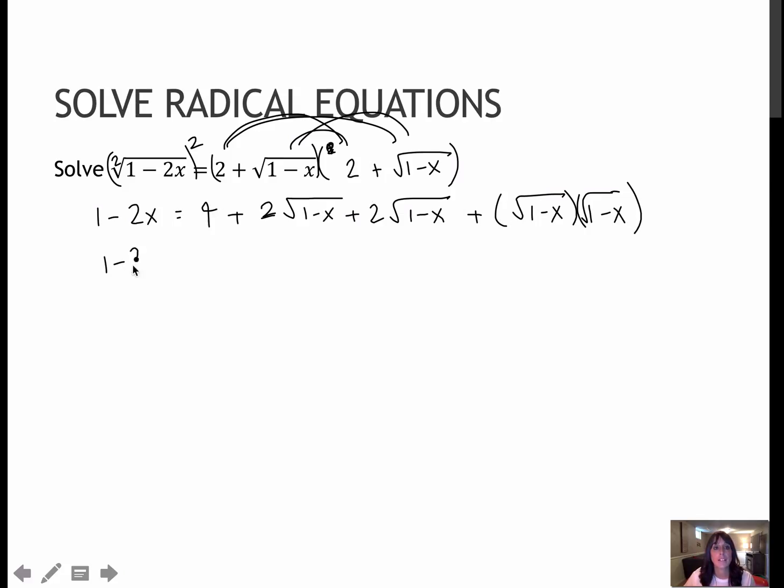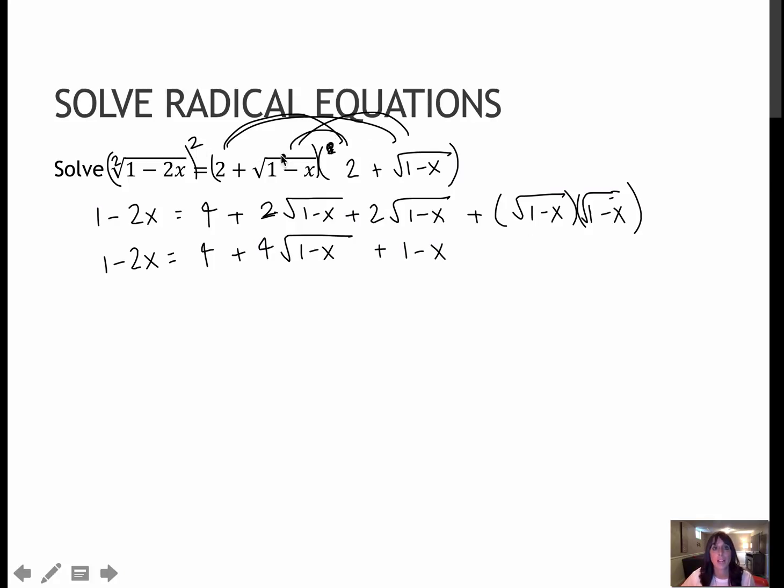The left side stays 1 minus 2x. The right side, I have 4. These two combine, so 4 radical 1 minus x. And then if I multiply these two terms, essentially I've got this squared, so it's just 1 minus x.